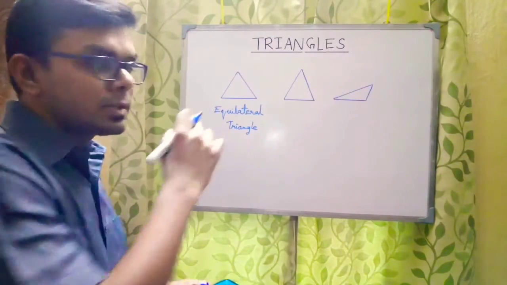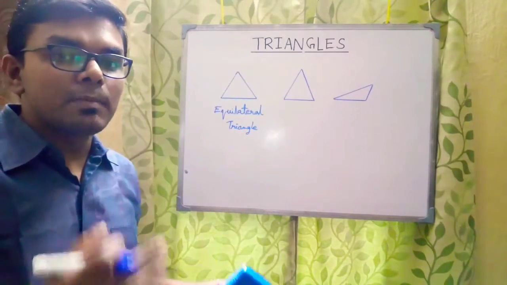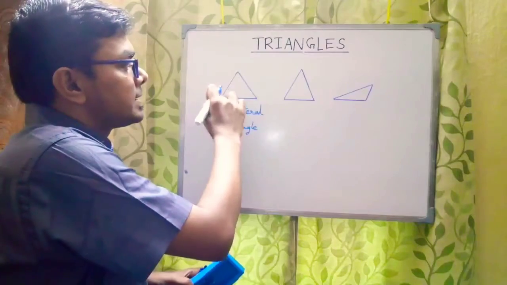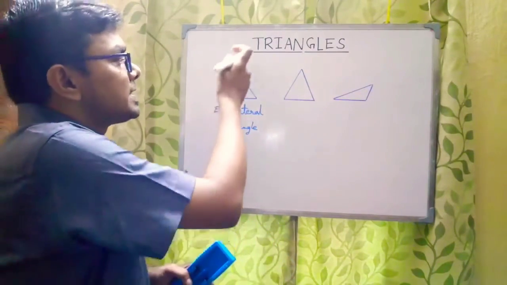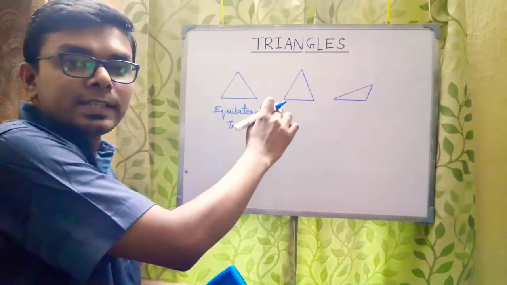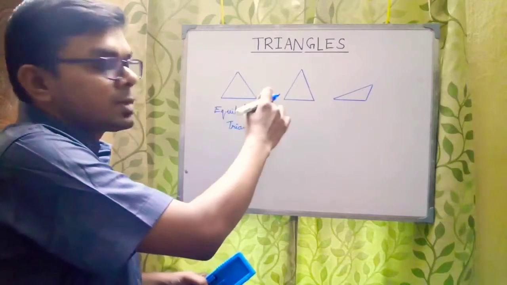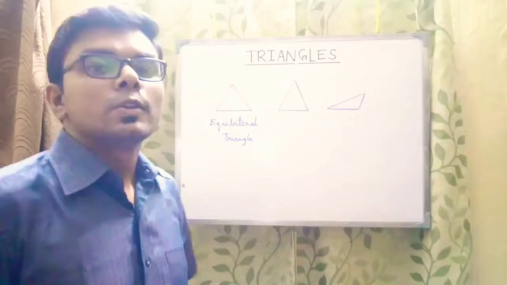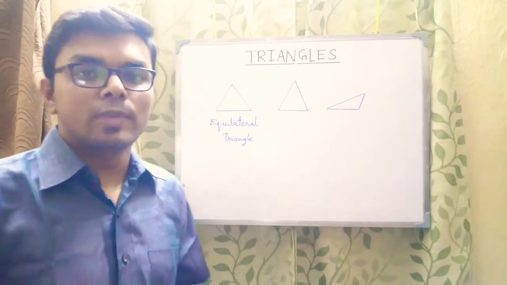So an equilateral triangle is a triangle all of whose sides have the same length. That is, this side, this side, this side, all are same. For example, suppose this is 6 centimeter, then this is also 6 centimeter, this is also 6 centimeter. If this is 3.5 centimeter, this is also 3.5 centimeter, this is also 3.5 centimeter. So when all the three sides of a triangle are equal, we call it an equilateral triangle.